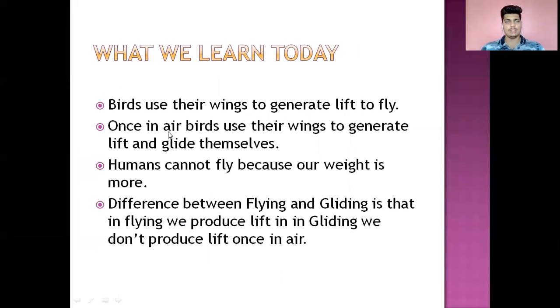Once in the air, birds use their wings to generate lift and glide themselves. Of course, humans cannot fly because our weight is much more, and our muscles are also not made for that. So even if we had wings, we would not be able to fly.